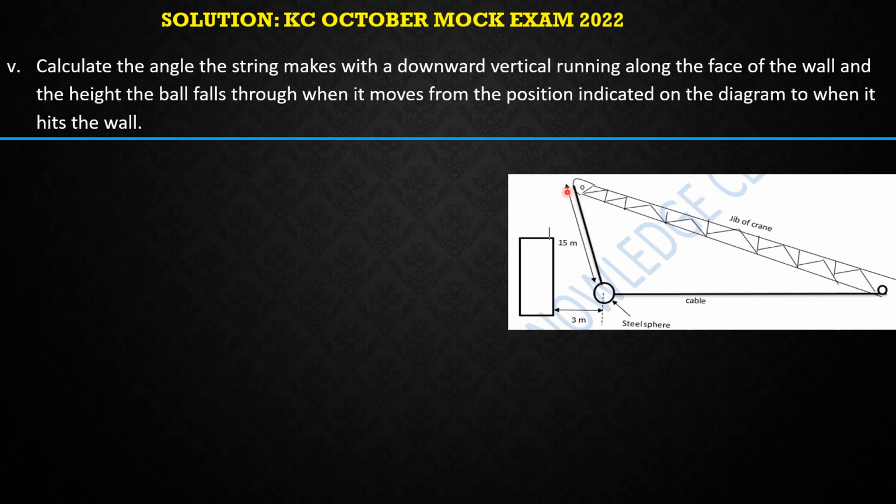So if you come vertically downwards like this, let me just use pen there. So if we move from here and then come vertically downwards like this, oh no, that's not straight. I mean like this. I'm trying to make it straight, but you get the point. So there's an angle here that I'm asking for. This is the angle. So this wall is supposed to be here like that. So what is this angle?